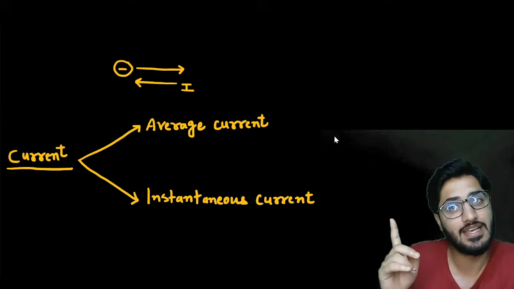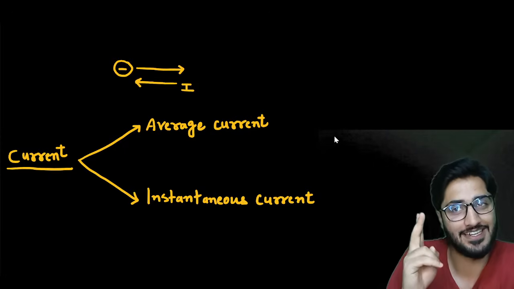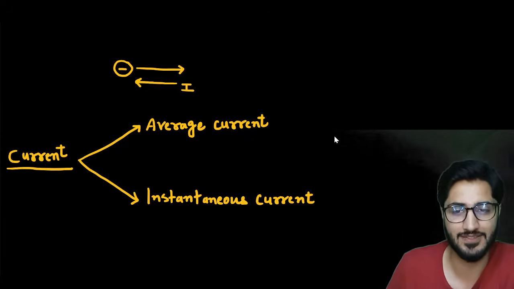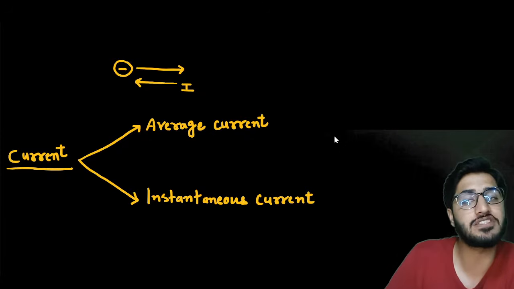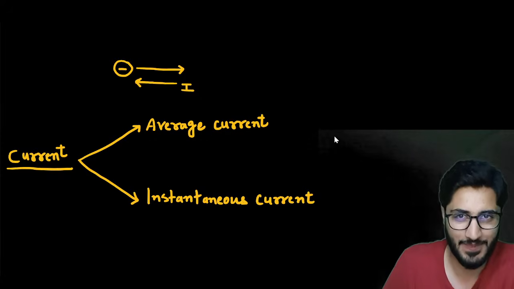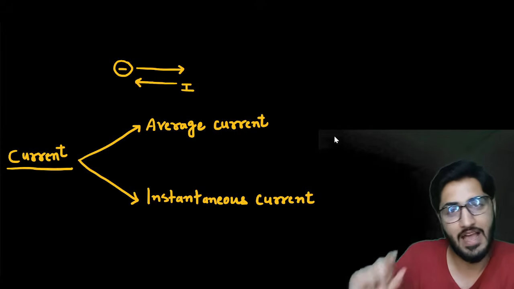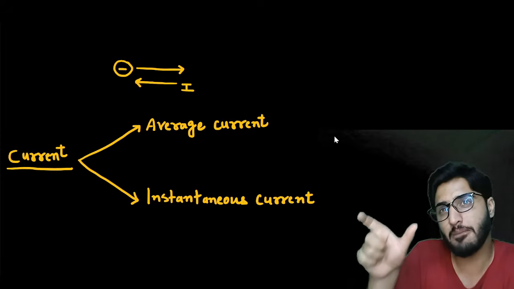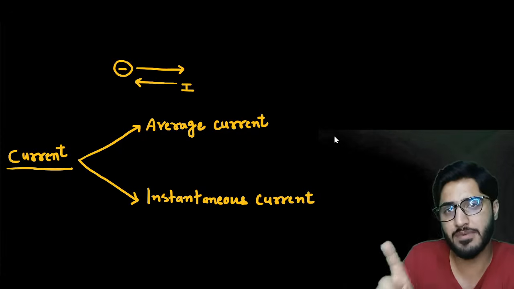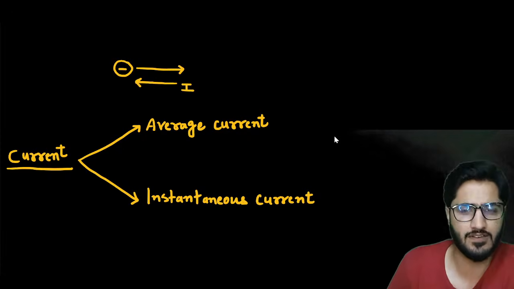In the first one, at 2 seconds, at a particular time, you need to find something. Same as in the case of average speed or instantaneous speed. Average means in a broader interval of time, and instantaneous means at a particular time.